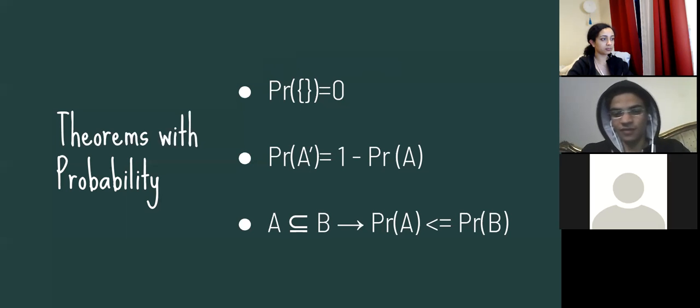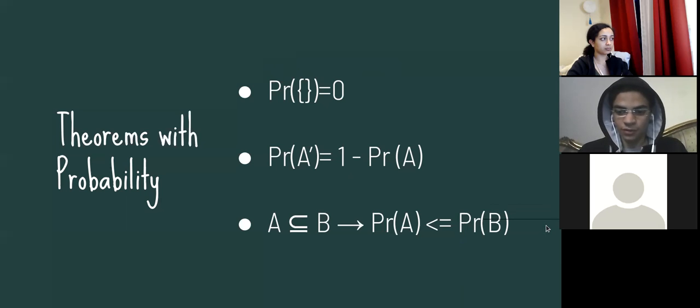You cannot have a case where you neither get one nor not get a one. You'll have to be in one of these two cases, right? So A union A dash is S, and you know that the probability of S is 1. So the probability of A plus the probability of A dash is 1. Moving things from the left hand side to the right hand side, you can easily see why this is obvious.